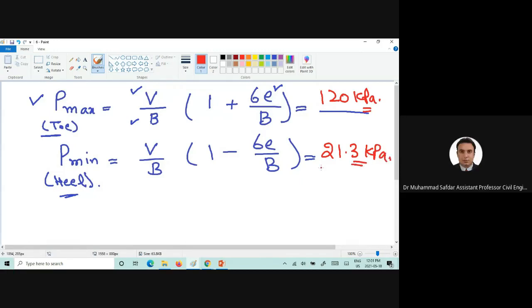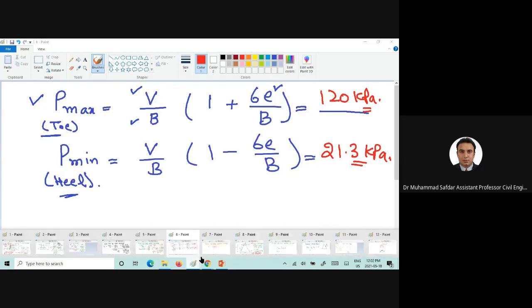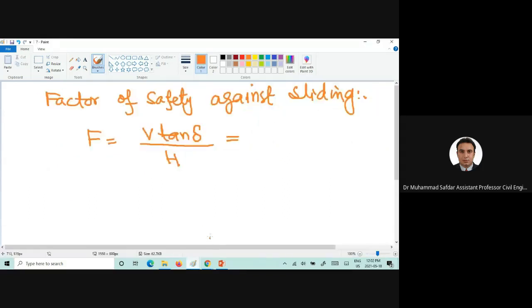Now, what else we need to find out? We need to find out the factor of safety against sliding. In order to find out the factor of safety against sliding, we will use the information of the vertical forces, delta, the wall friction, and the horizontal forces.